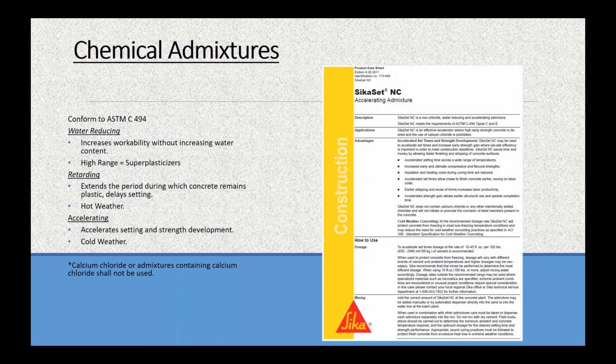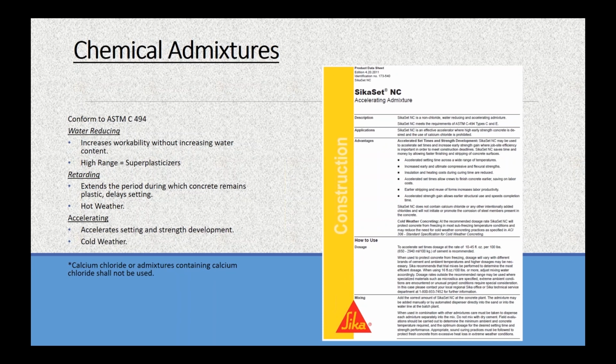Basically, this increases the workability of the concrete without having to increase the water content. And once you get into the high range water reducers, those are the super plasticizers, which are pretty common. And as you get further into the spec, you'll run into requirements for super plasticizers when you get into things like walls and concrete drop heights.